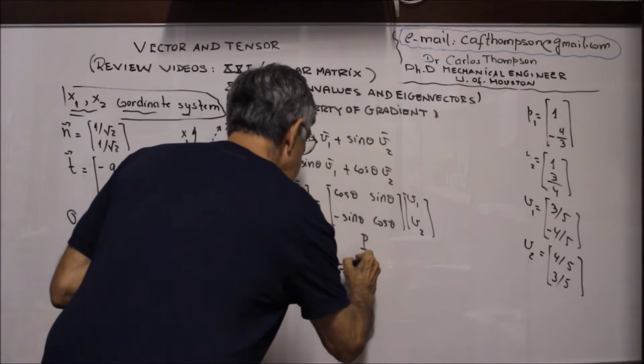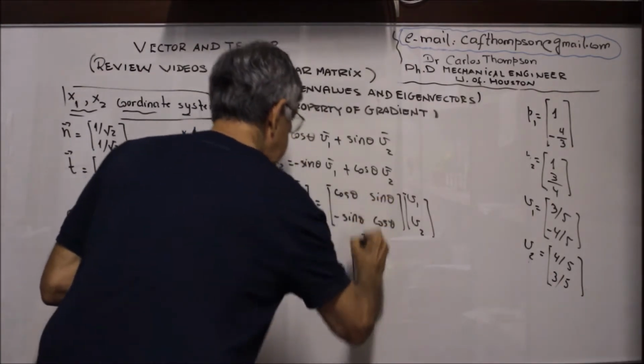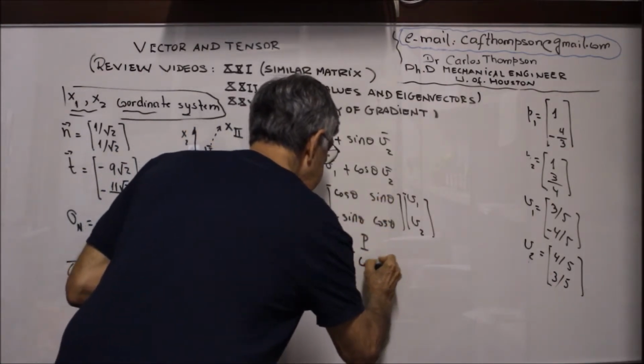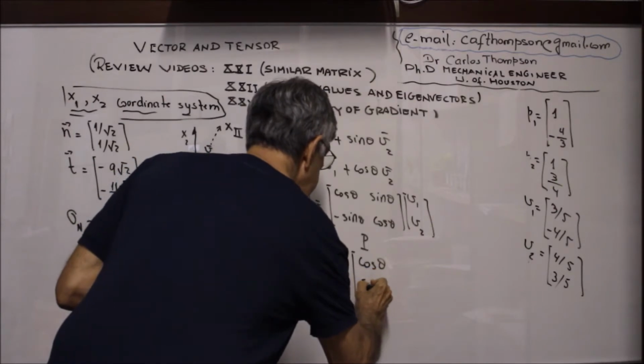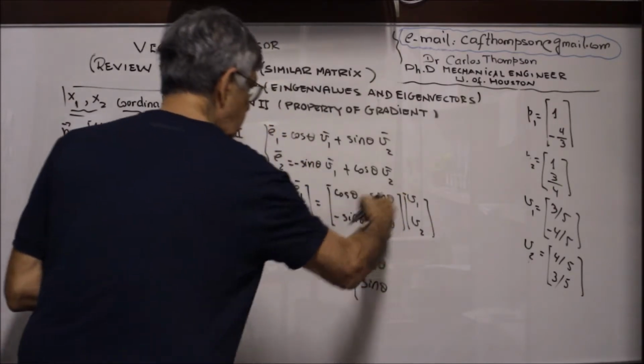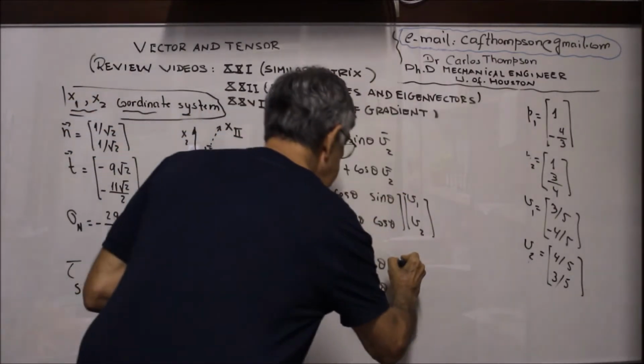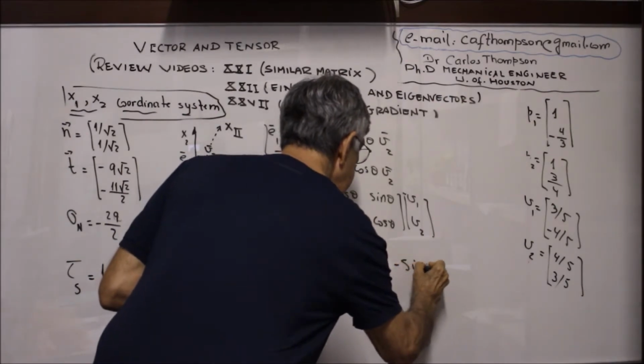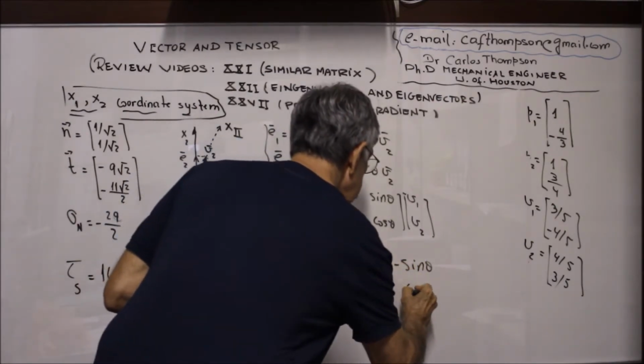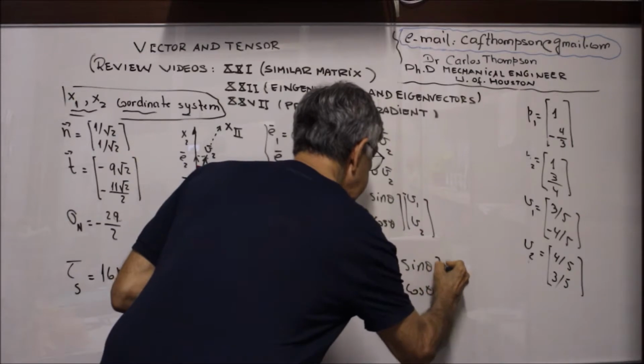So this will be cosine theta, sine theta; the first row will be the first column. This will be minus sine of theta and cosine of theta.